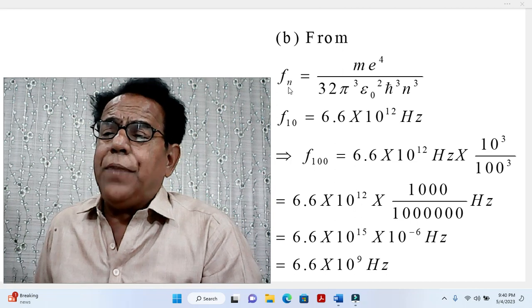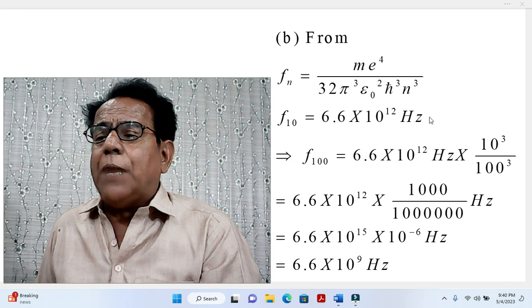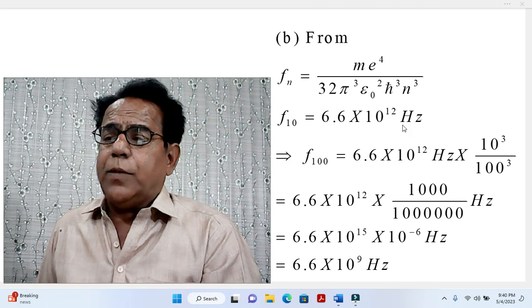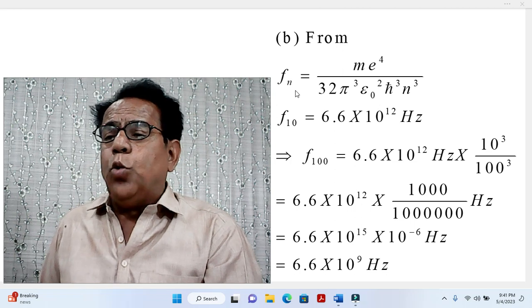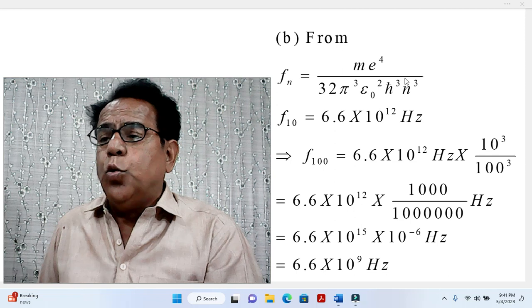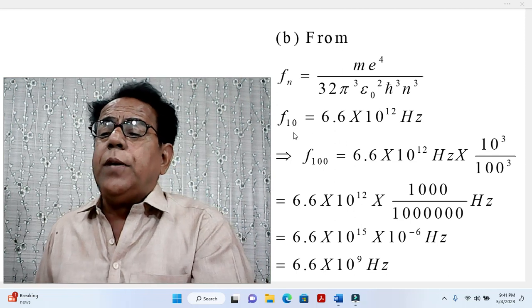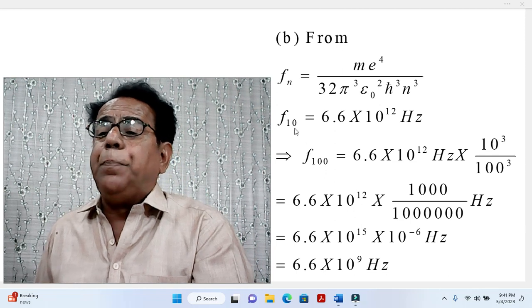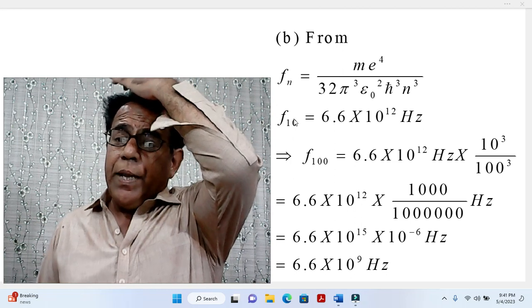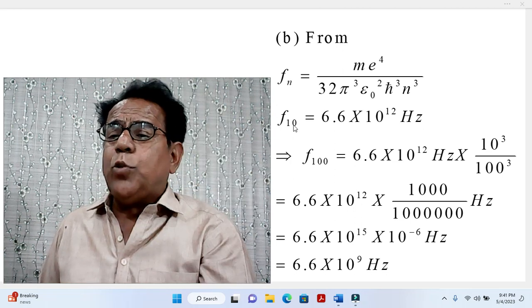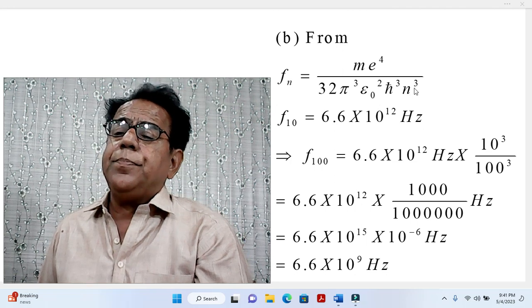We know that Fn is equal to this expression, and F10 is equal to this, which we found in the previous part A. We know that Fn is proportional to 1 over n cube, so if we want to find F100 in place of F10, what will we do? In case of F10 we have 10 to power 3, that is 1000.